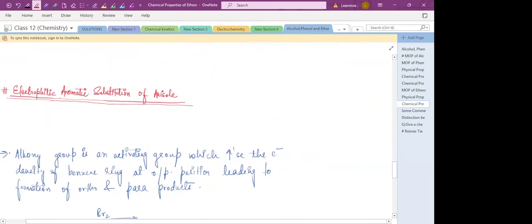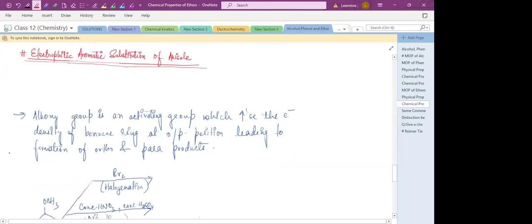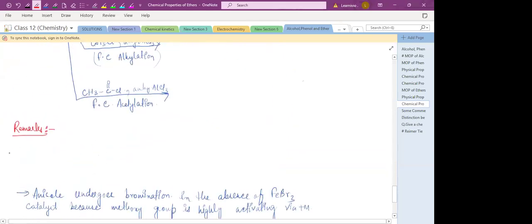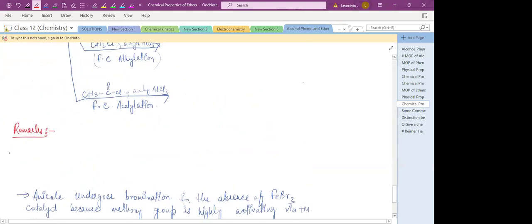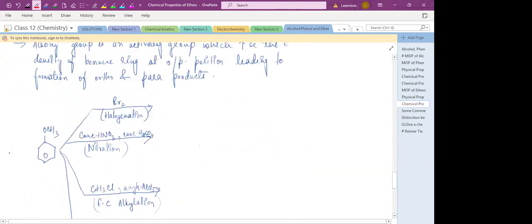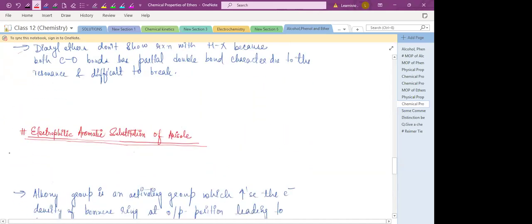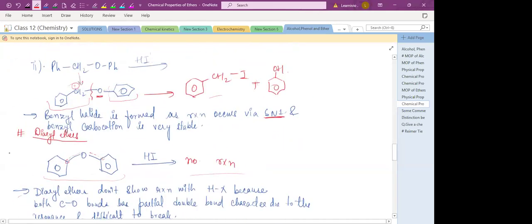Electrophilic aromatic substitution reaction of anisole we will cover in the next class, because we are out of time. If there are any doubts from today's session, you can ask. Just clear your doubts.